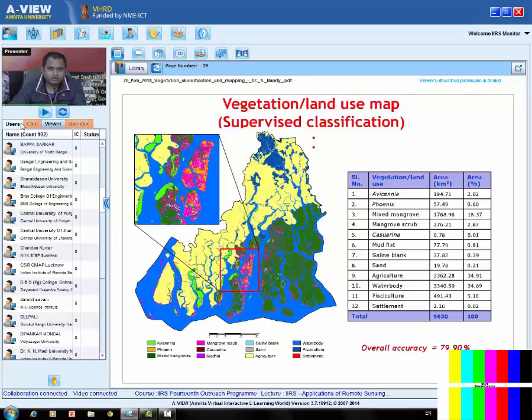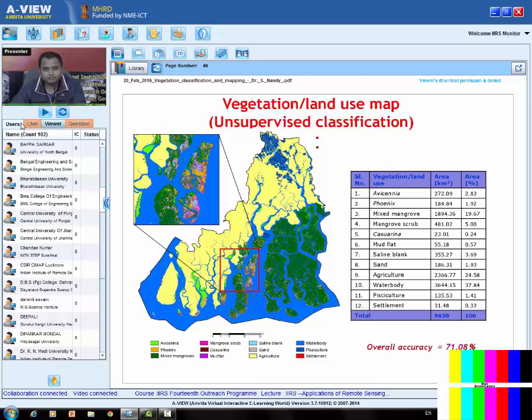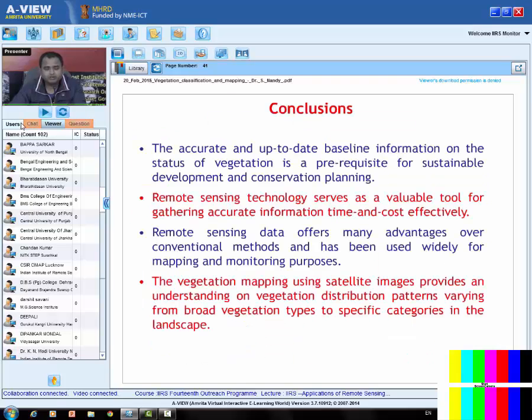So overall, if I want to conclude, accurate baseline information on the status of vegetation is a prerequisite for sustainable development planning. Vegetation mapping provides an understanding of the vegetation distribution pattern, varying from broad vegetation types to specific categories in the landscape.